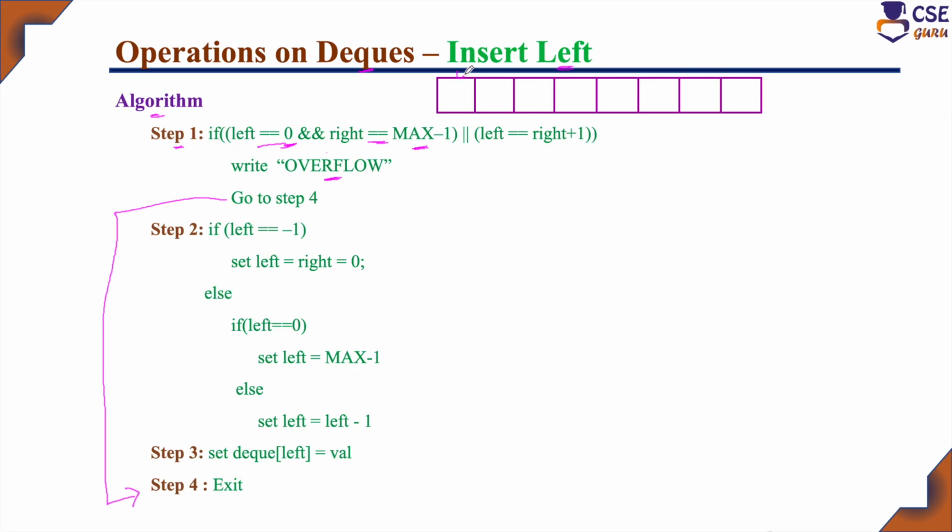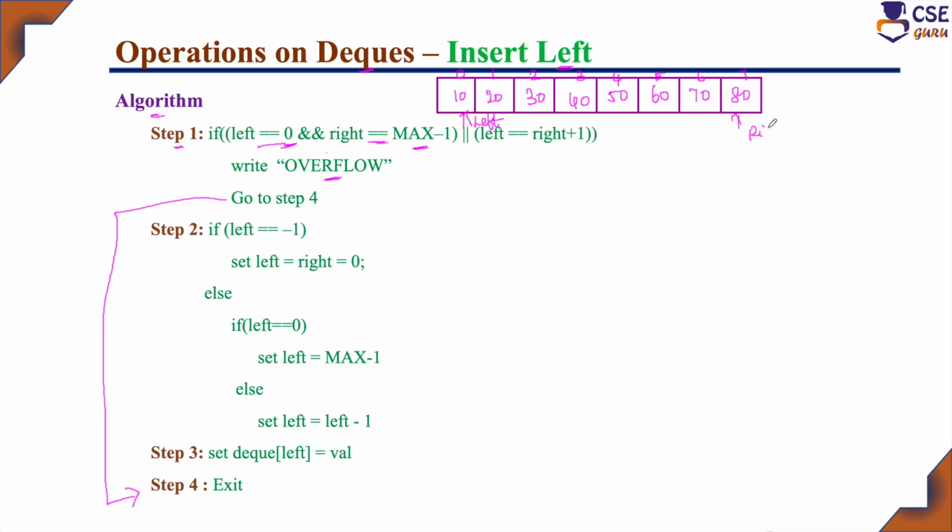For example, consider this as the Deque data structure, and the size of the Deque is totally 8 memory locations. The starting memory location is 0 and the last one is 7. Max minus 1 memory location is 7. Now the left pointer is pointing to the 0th memory location and the right pointer is pointing to the max minus 1 memory location.